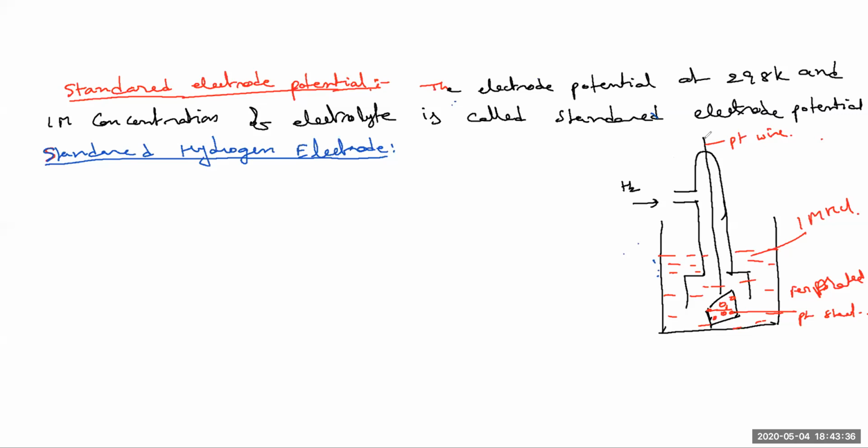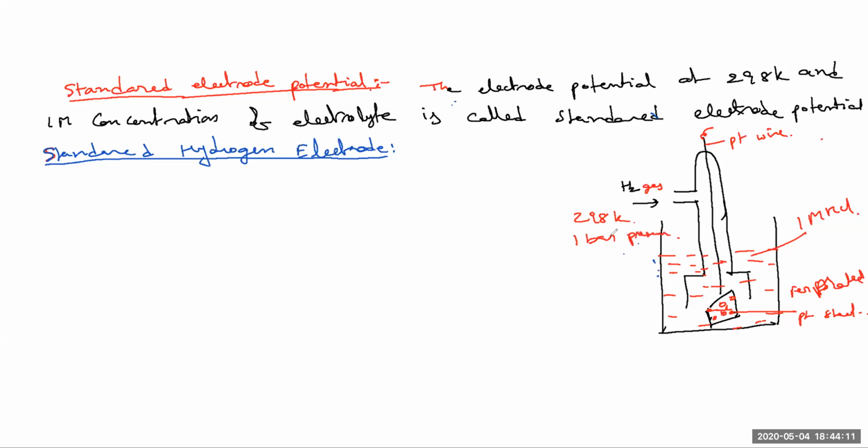So this is the electrolyte, and the platinum electrode is platinum foil coated with platinum black, or perforation is there. Now, what is the pressure of hydrogen gas? We are passing H2 gas at 298 Kelvin and 1 bar pressure, or atmospheric pressure.